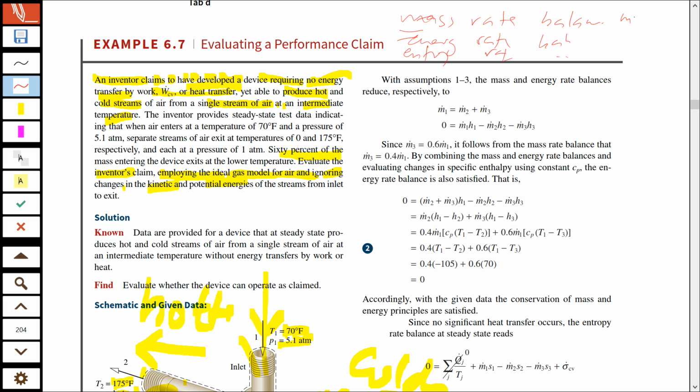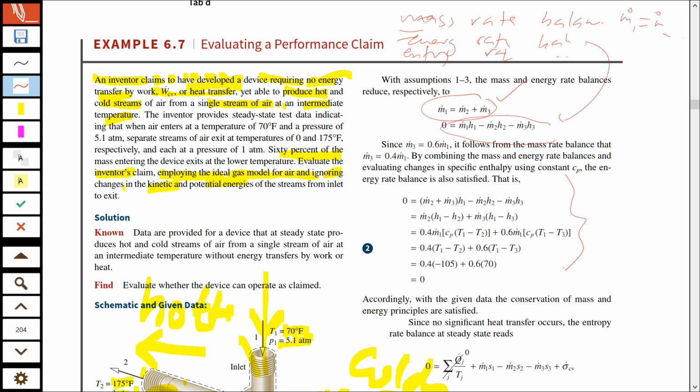This is like some m dot equals some other m dot, like 1, 2, 3, and so on. So this is your mass balance. Then you have the energy rate balance, this one.